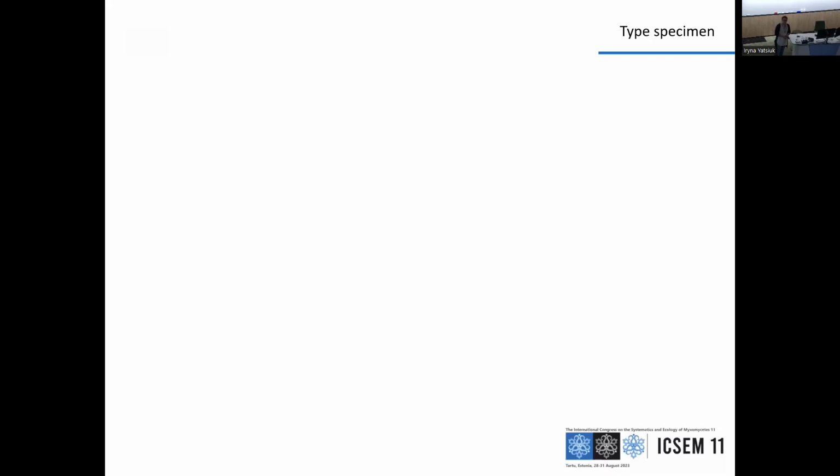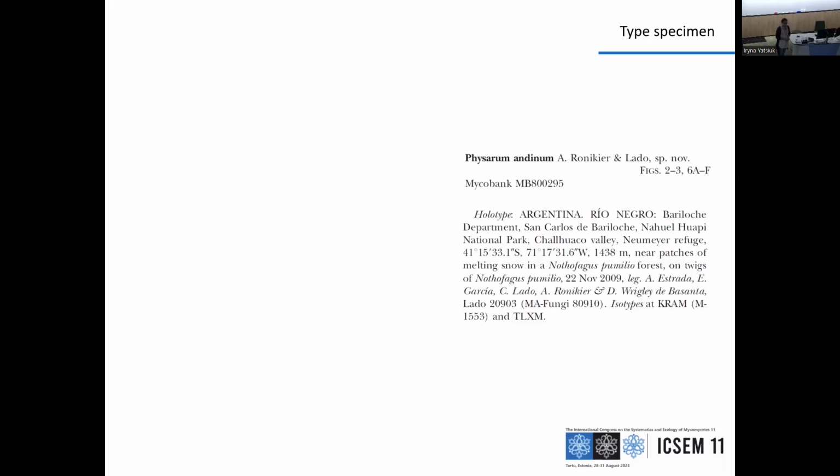So the first question when we want to study type specimens is how to find them. For newly described species, it is not so difficult because the current rules of the code require a direct link to the holotype and to the specimen.